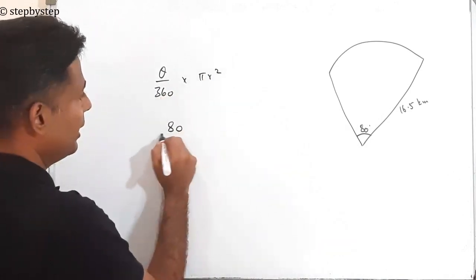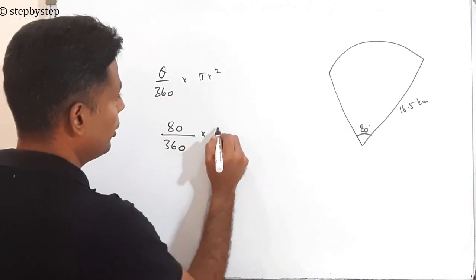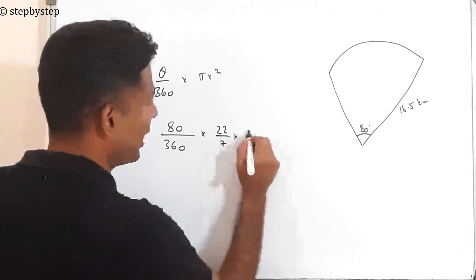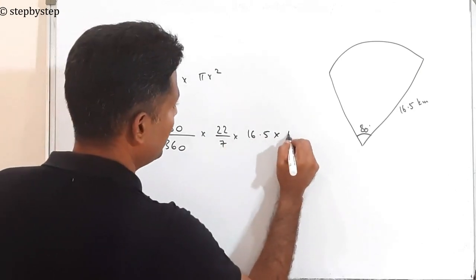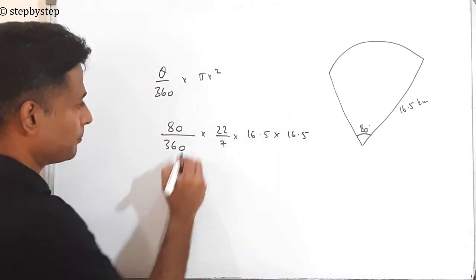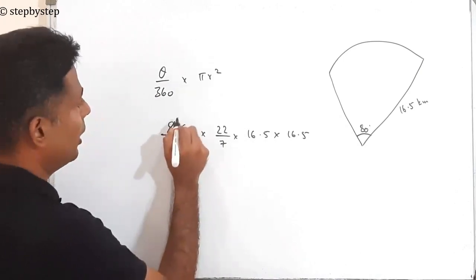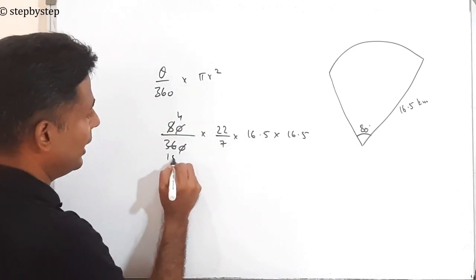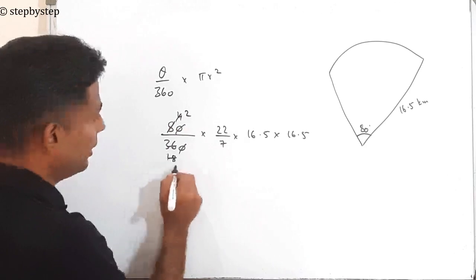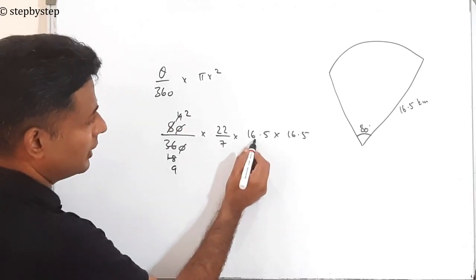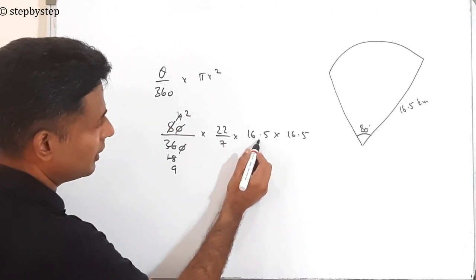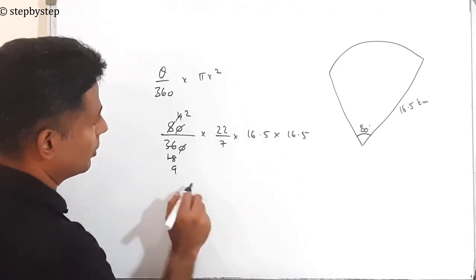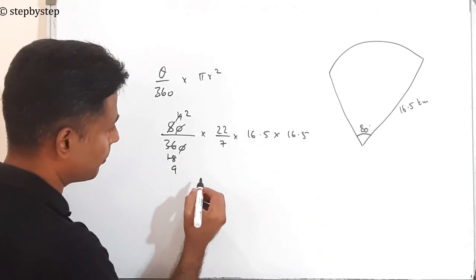So theta is 80, 80 by 360 into pi, that is 22 by 7 into r square, that is 16.5 into 16.5. Cancelling, 2 4s are, 2 18s are, 2 2s are, 9s are. Will 9 go with this 6775? No, it will not go. So major calculations coming up.